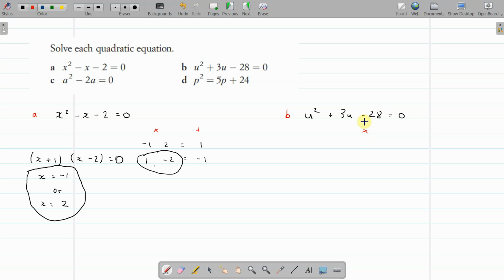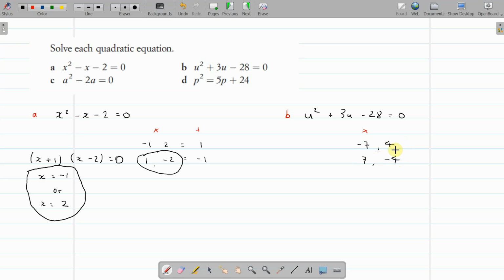One of them's got to be plus, one of them's got to be minus. But when you add them, it's got to be plus 3. So let's do a couple of possibilities that look like they could be right. It's got to be minus 7 and 4. That will get you minus 28 when you multiply them. Or if we reverse the sign, 7 and minus 4.